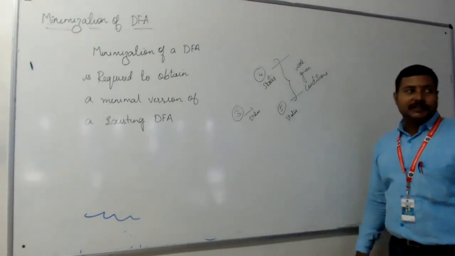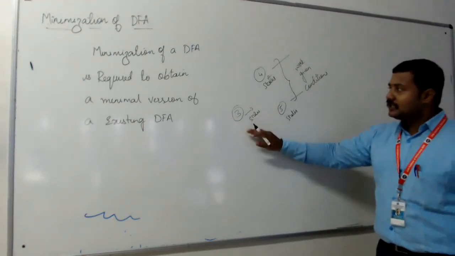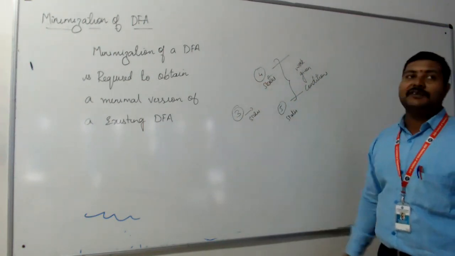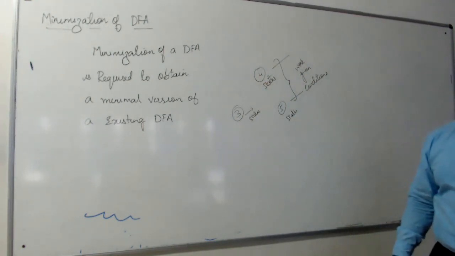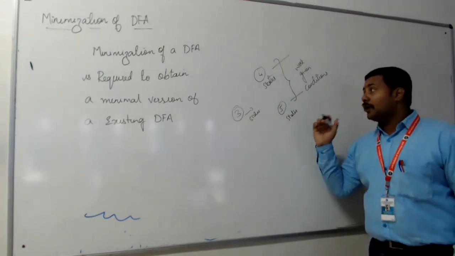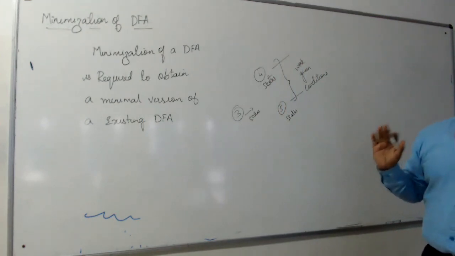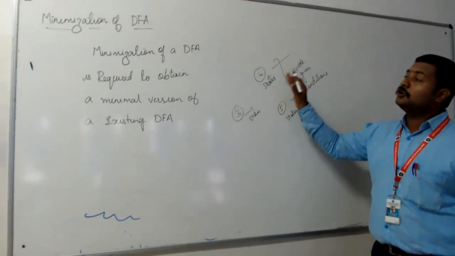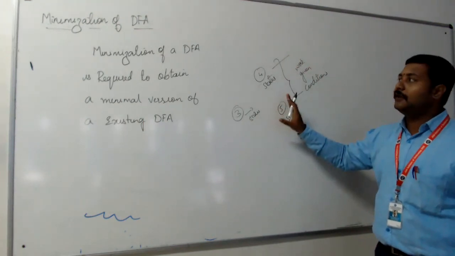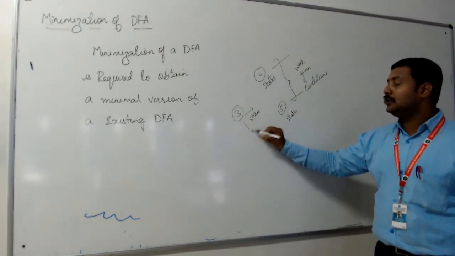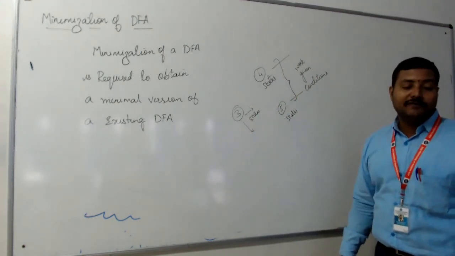So when you design this particular DFA with 3 states or 4 states or 5 states, and they all satisfy the given condition and give the accurate result, then all of them are correct. But the working on these different states may get confusing. So the minimum version of this particular DFA for a given condition should be designed effectively so that the complexity of the processing will be easier.